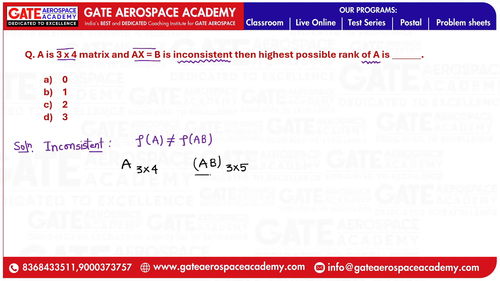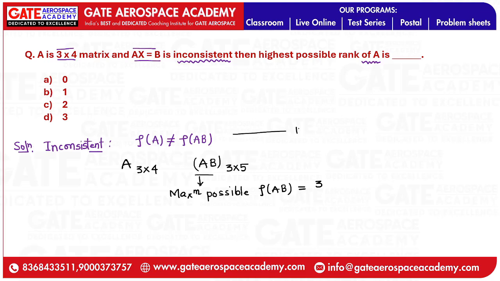Now, if we calculate from this part, can we say that the maximum possible rank of the augmented matrix [A | B] is 3?